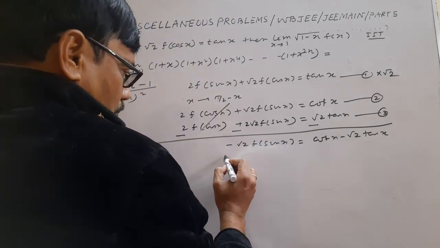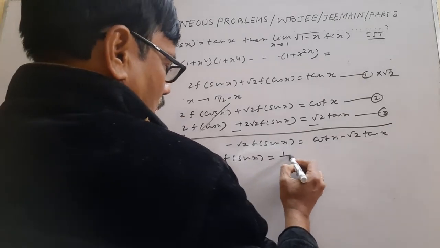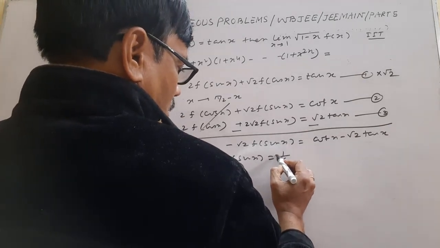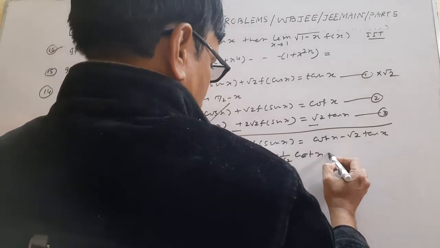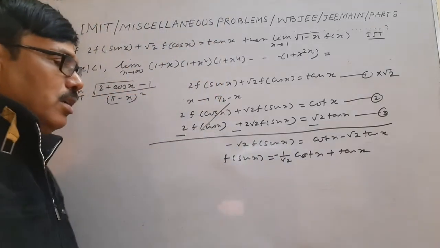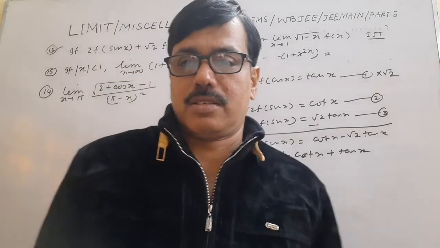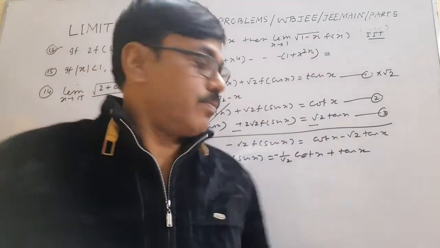So f(sin x) = tan x − (1/√2) cot x. So this is f(sin x). Now our main aim is to find f(x).